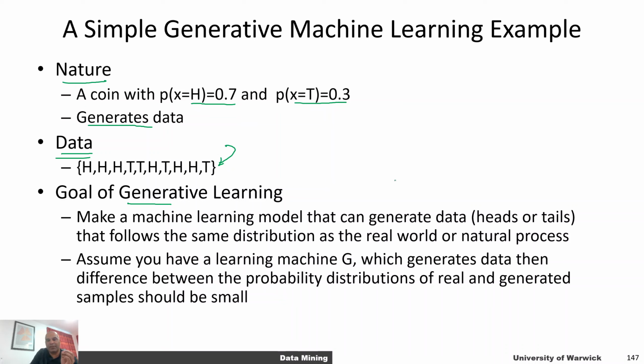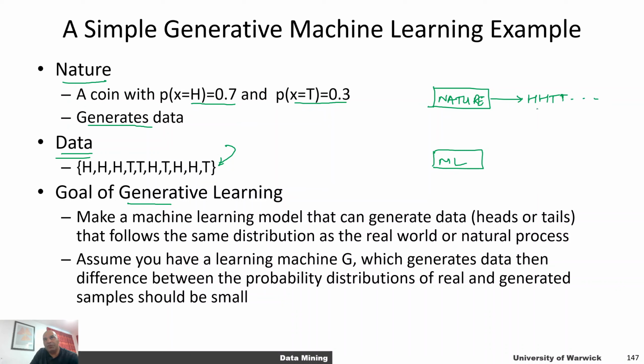So let's say we have a natural process, I'm going to call it nature or natural coin. And then you have got a machine learning equivalent of it. Now nature is spitting out these strings of head, head, tail, tail, and so on.